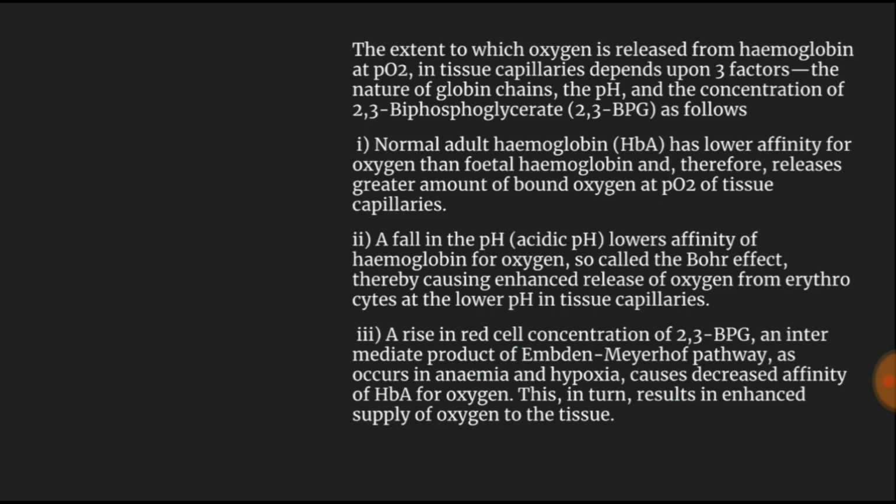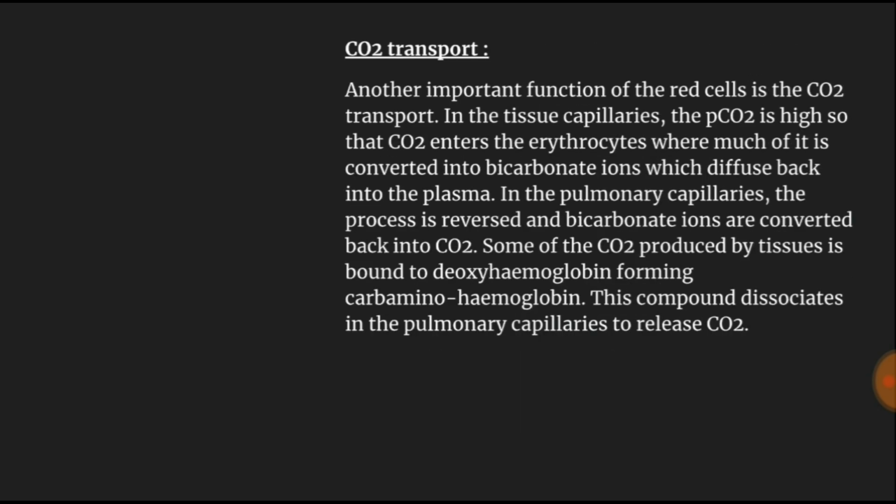So when there is a rise of RBC 2,3 BPG concentration in anemia and hypoxia, there is a decreased affinity of HbA for oxygen. When there is a decreased attraction of hemoglobin to oxygen, there is an increased chance of releasing oxygen into the tissues very fast. So that is why 2,3 BPG concentration is also important.